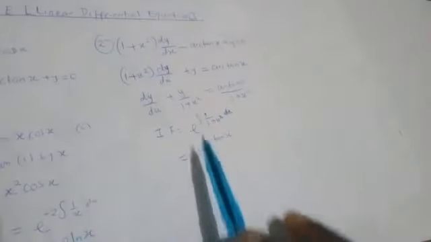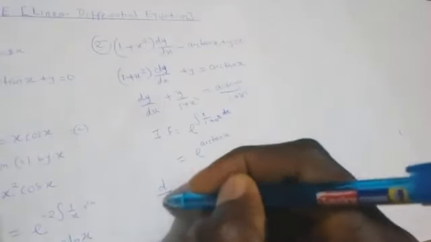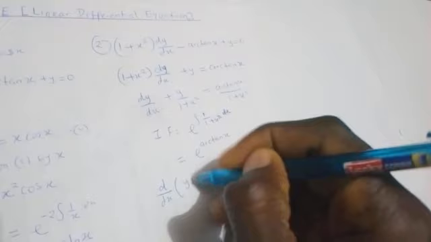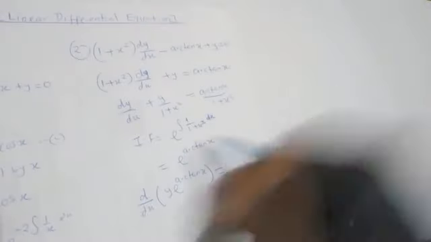Now, without wasting our time, we already know that what we are going to have at the left side is our dependent variable multiplied by this integrating factor. So I will just put d/dx of y multiplied by exponential arc tan x to be equal to what? Exponential arc tan x also multiplies this side.